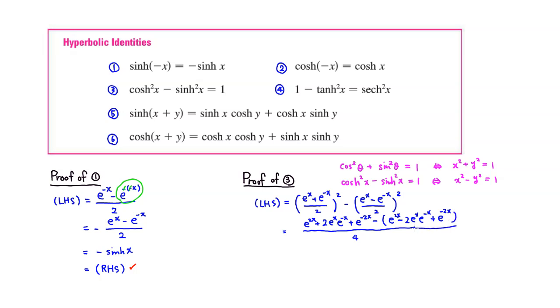Then you can cancel e to the 2x and minus e to the 2x, e to the negative 2x and minus e to the negative 2x, and e to the x times e to the negative x gives you 1. Same thing here. Then you get 2 minus negative 2, 2 plus 2, so 4 over 4, which is 1, the same thing as the right-hand side. So this verifies number 3.